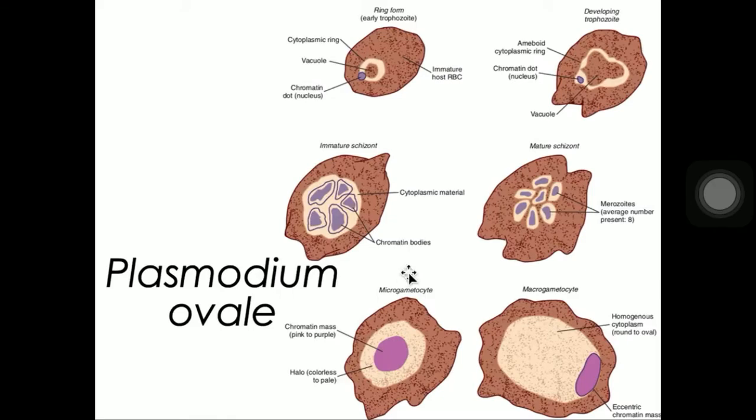But for ovale, one characteristic is that its infected RBC has serrated and fimbriated edges. So again, the RBC here will have fimbriated or serrated edges. Okay, so again, that's for your Plasmodium ovale.